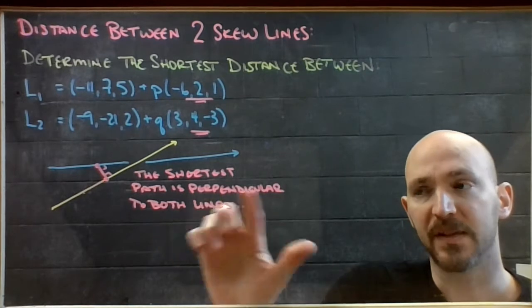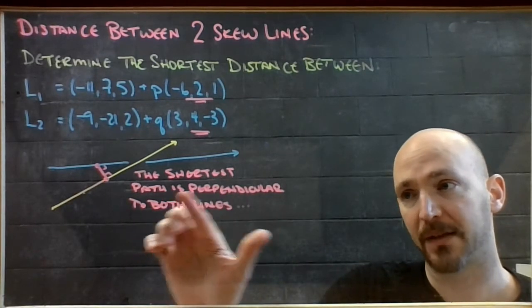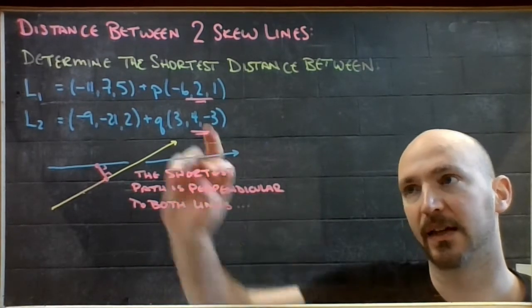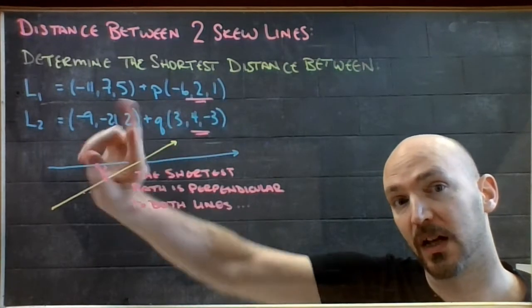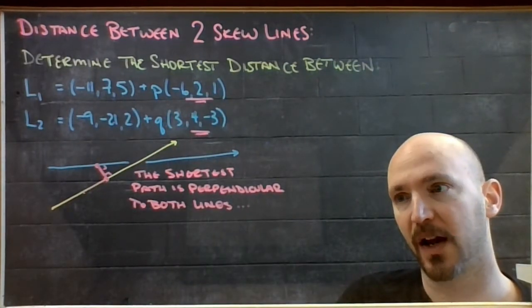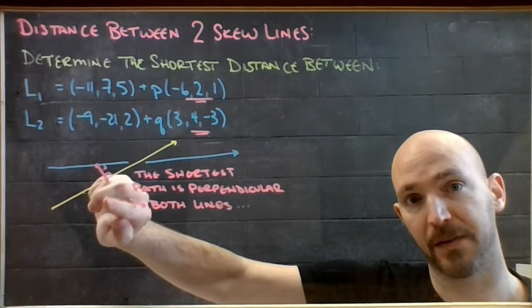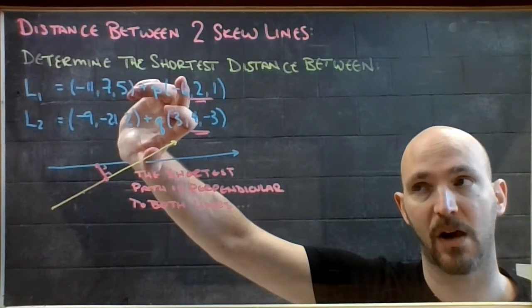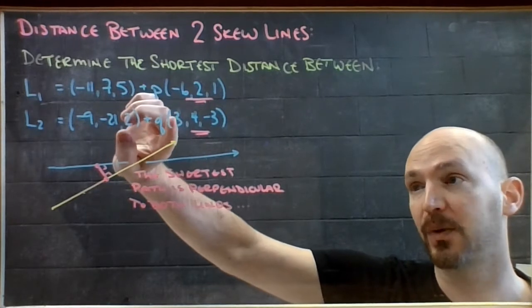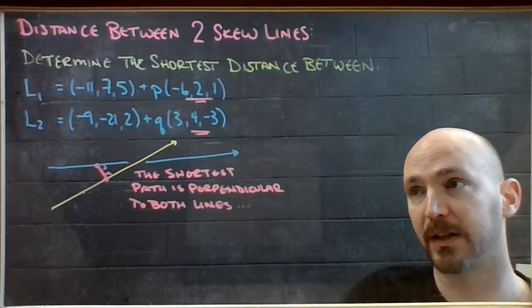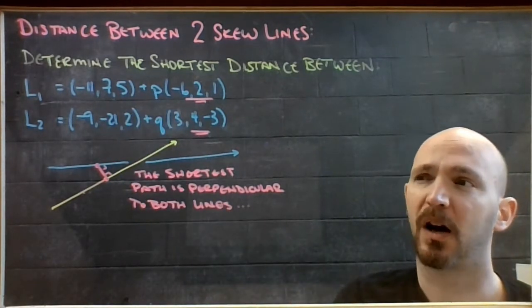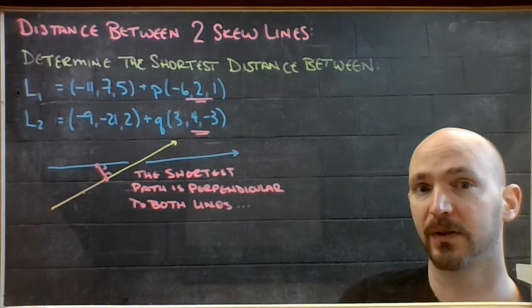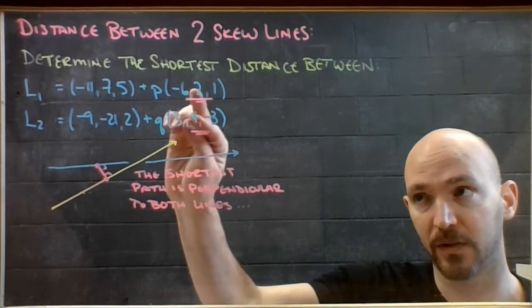So if this is true, that the shortest path is perpendicular to both lines, and these are the pieces of those lines that determine their direction, then this path has to be perpendicular to both -6, 2, 1 and 3, 4, -3.